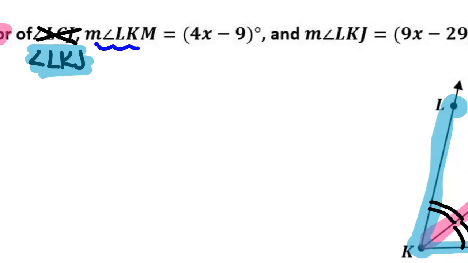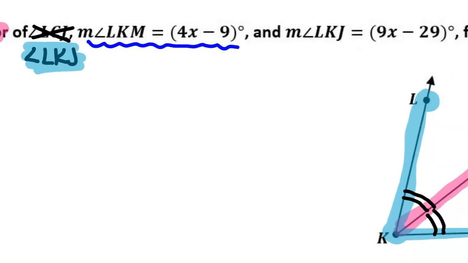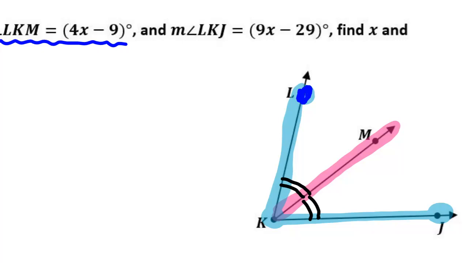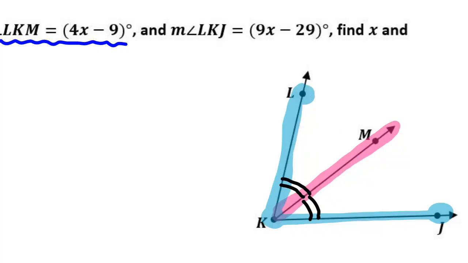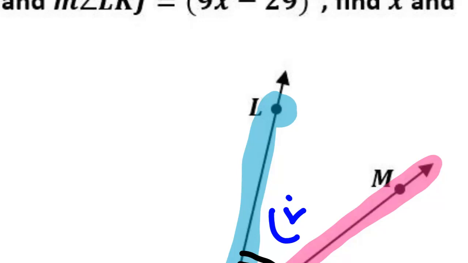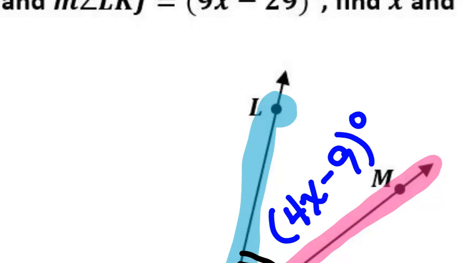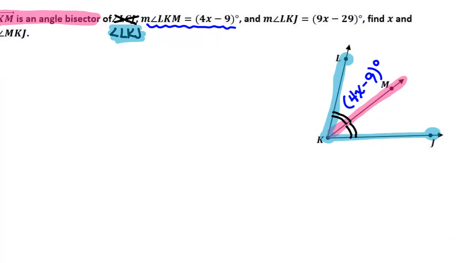It says angle LKM is 4x minus 9. L down to K up to M. So this little angle right here is 4x minus 9. And then it says the measure of angle LKJ. Is that this angle over here?